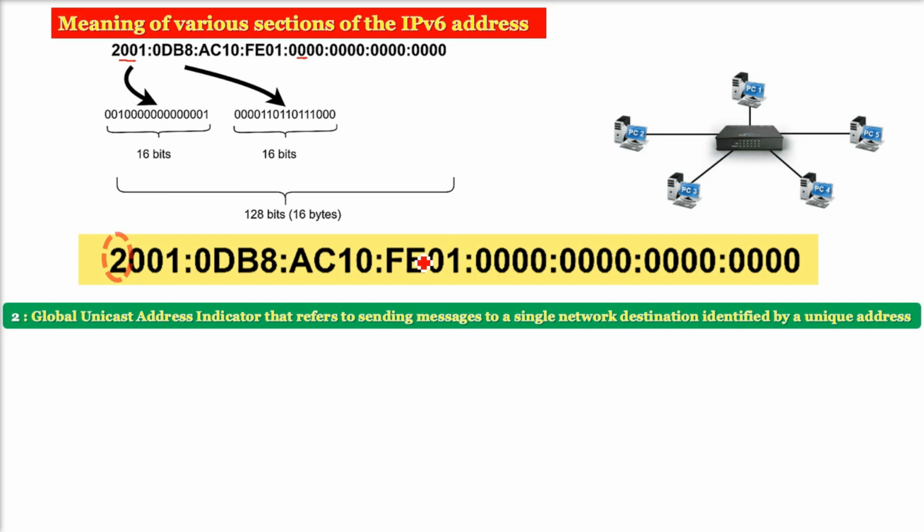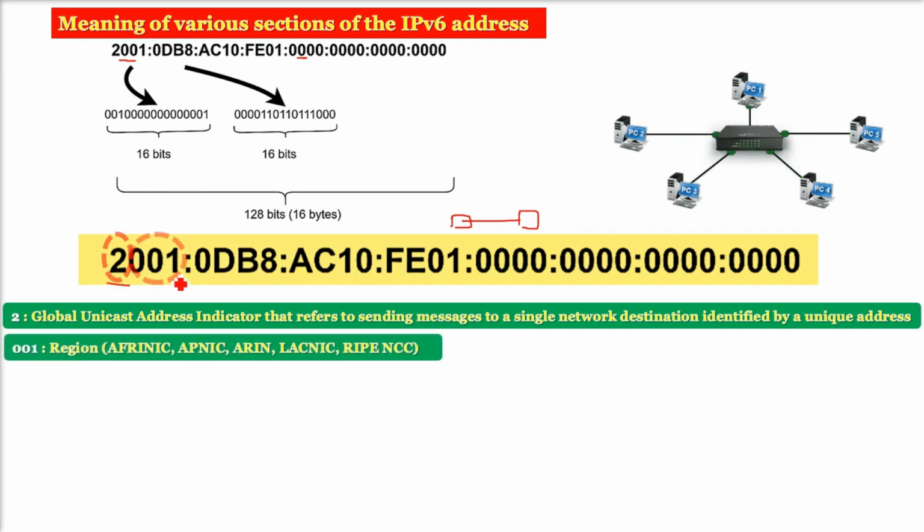What is it referring to? It is referring to sending a message to a single network destination which is identified by a unique address, which is this whole address. So the first hexadecimal value in that first group corresponds to the global unicast address indicator.